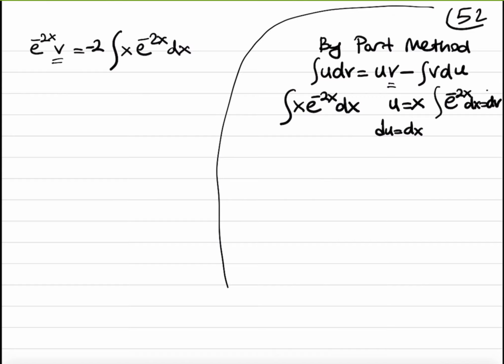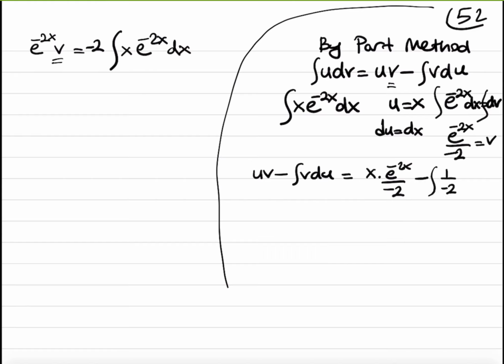Okay, let's integrate this to find v. It is e to the power minus 2x over minus 2 is equal to v. Okay, u times v minus the integral of v du: x times e to the power minus 2x over minus 2, minus the integral of 1 over minus 2 e to the power minus 2x dx.